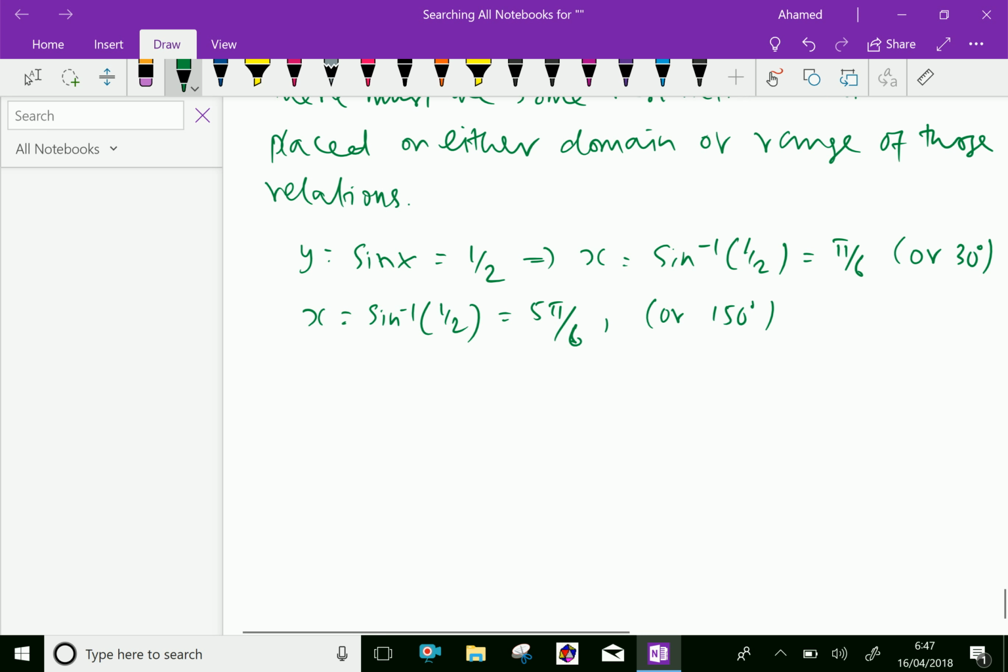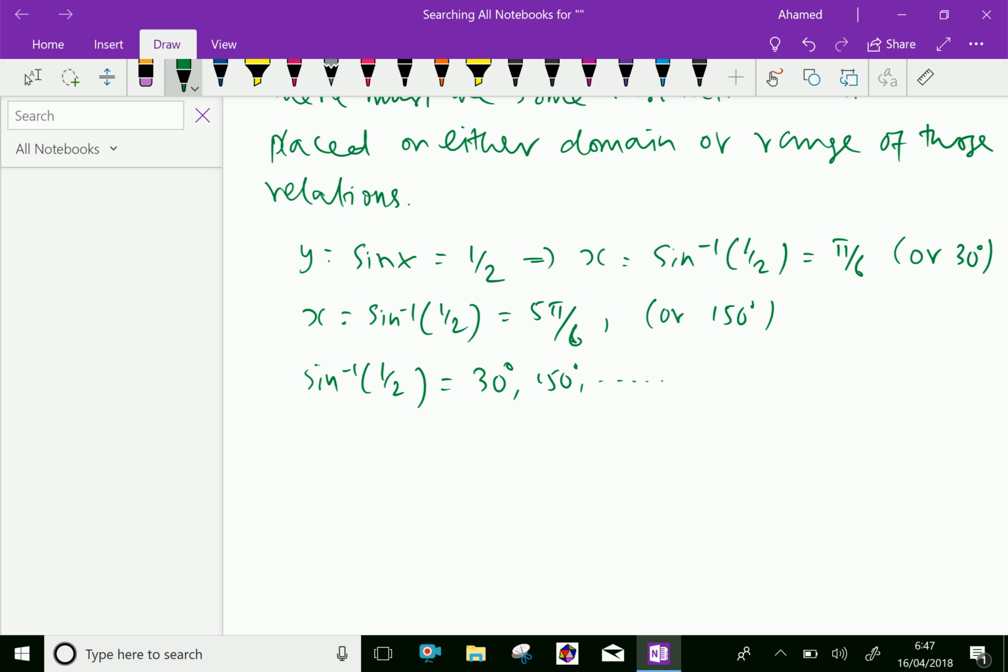Therefore we can say sin inverse of half has 30 degrees, 150 degrees, etc. Many values, means it continuously gives the rotational values of the angles of sin inverse half.